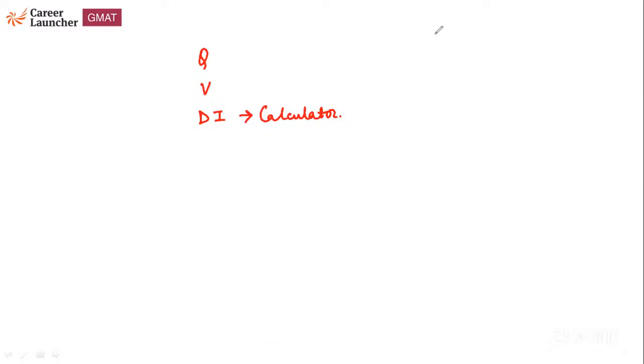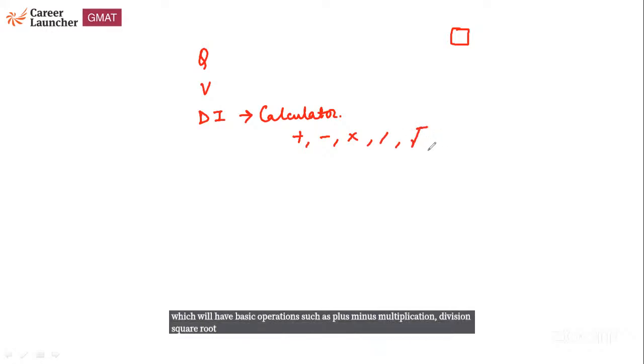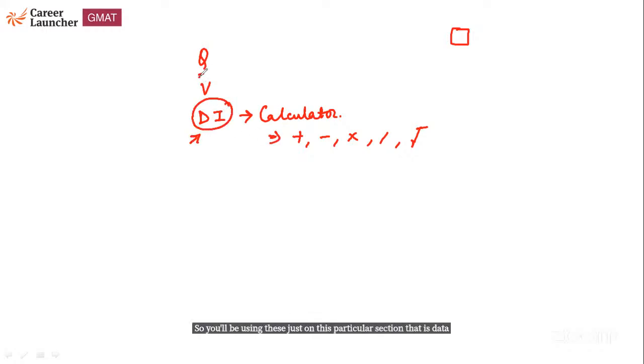That will be an on-screen calculator, which will have basic operations such as plus, minus, multiplication, division, square root. So you'll be using these just on this particular section, that is data insight, not on the quant section of the test.